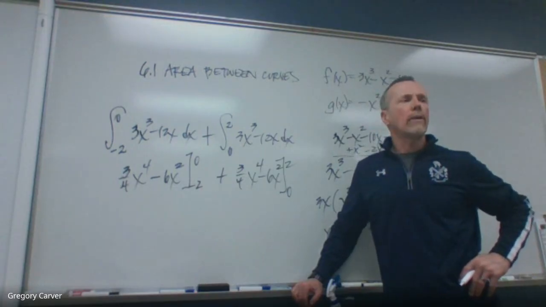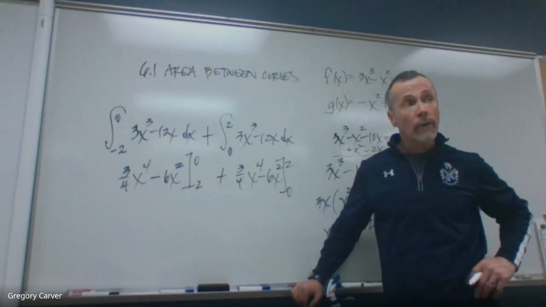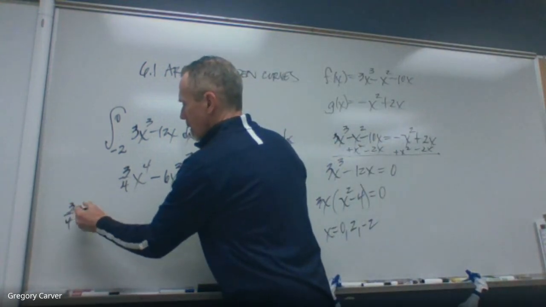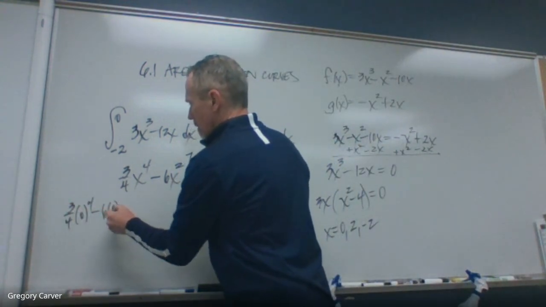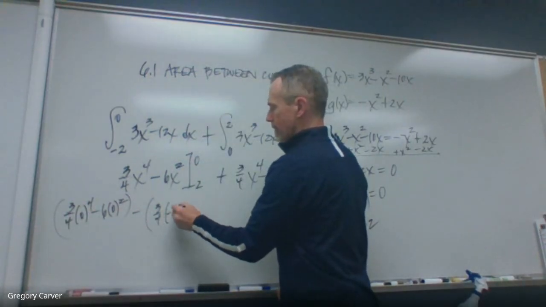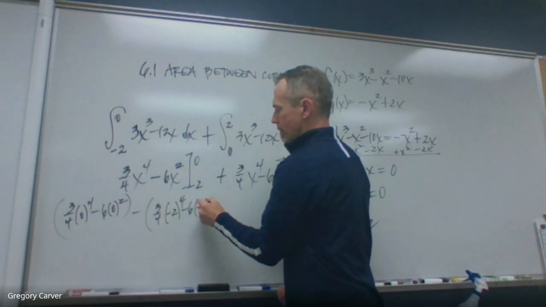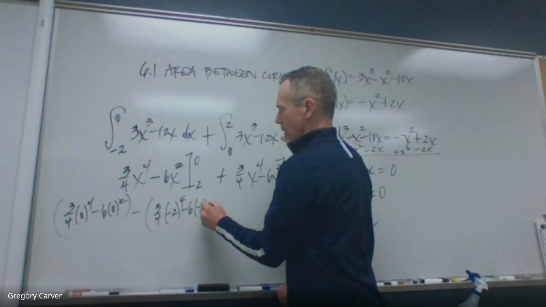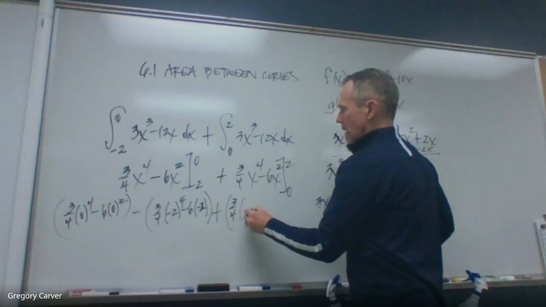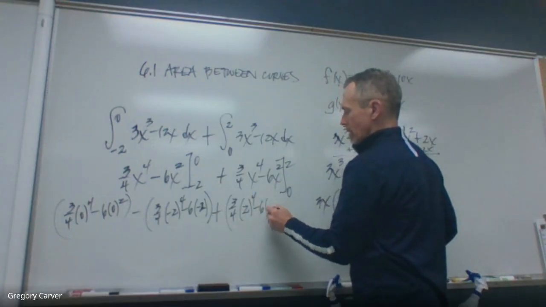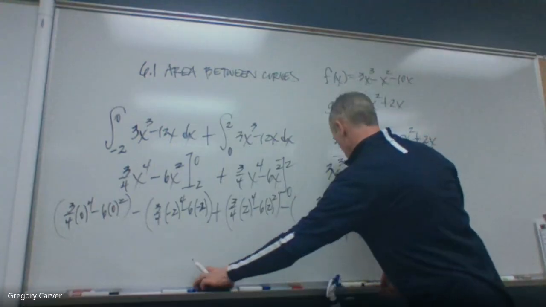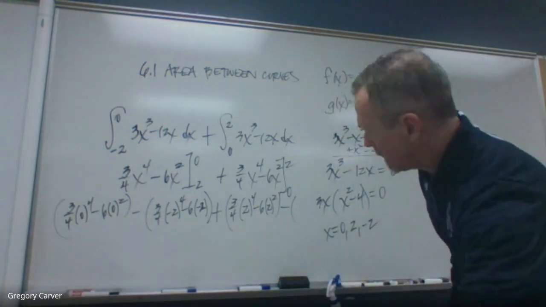Thank you. And then I'm going to plug in 0 first, minus then the lower. Then on the second one, I plug in 2 first, and then subtract out what I get with 0 plugged in.